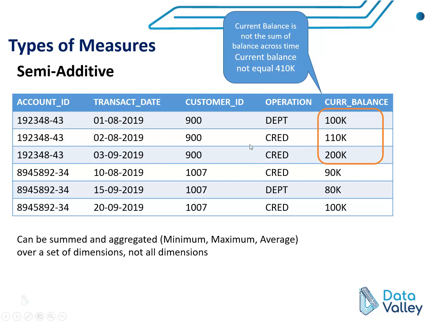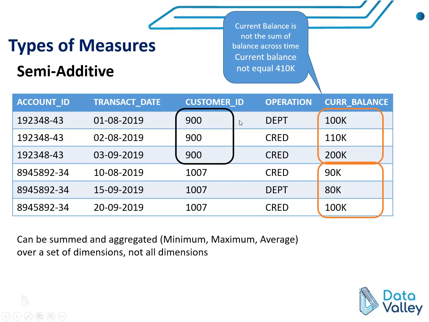But I can say that for this customer, the maximum debit or credit operation was 200 as a credit operation and 100 as a debit operation. So I can do some operations, but not all available operations over this measure across all available dimensions.